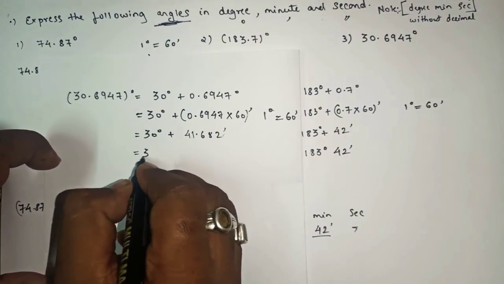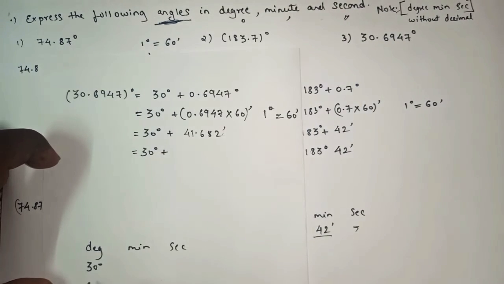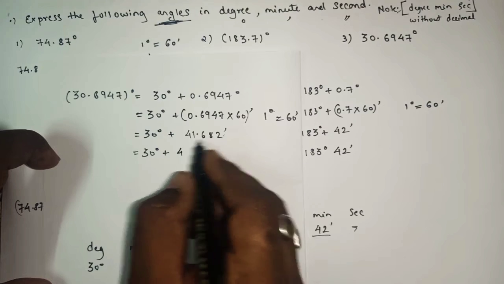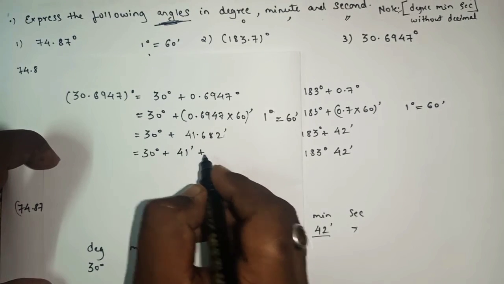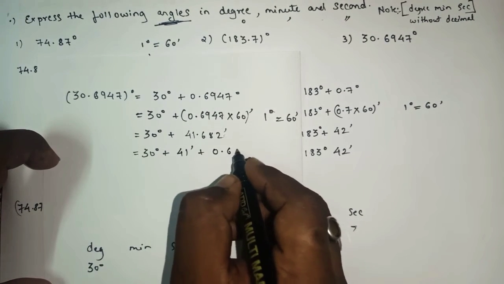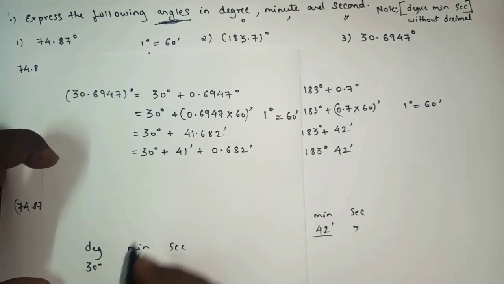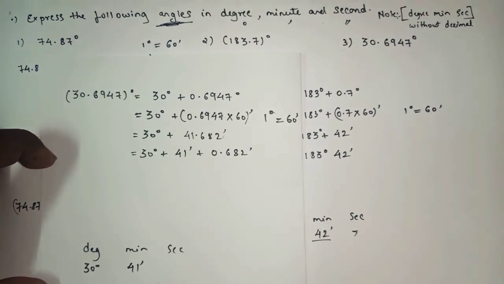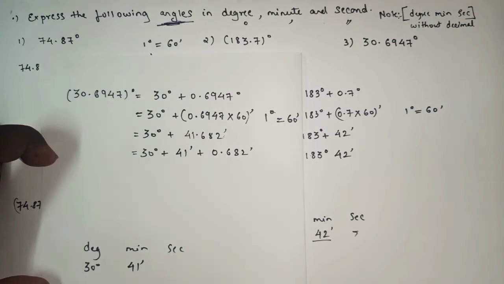Further again, this perfect part without decimal will be kept as it is. Now we'll break this minute as 41 minute plus 0.682 minute, as here 41 also we got without decimal. So now we're left with the second part.